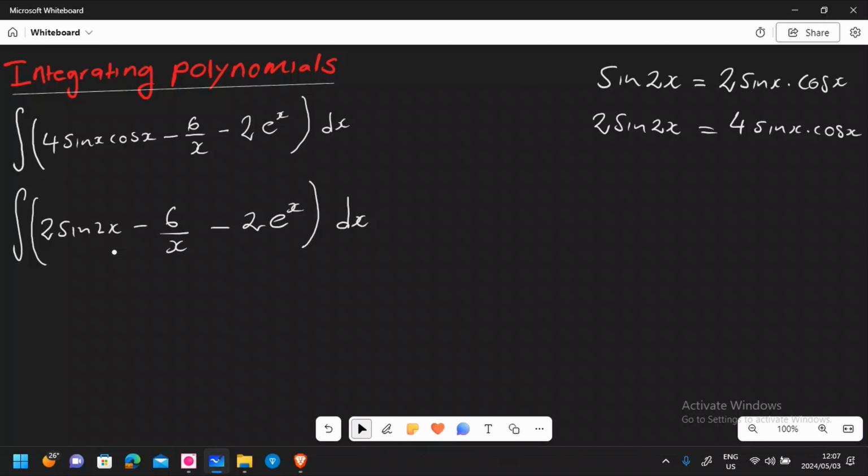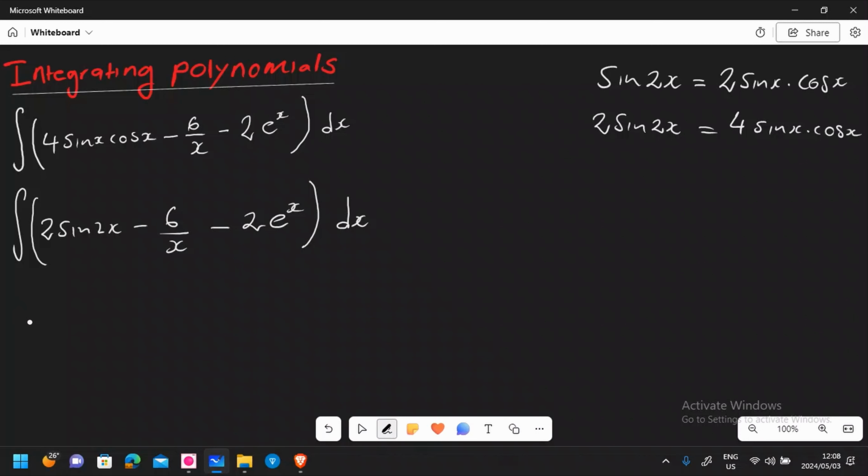Now it's time for us to integrate. When it's like this, it's easy for us to integrate. This polynomial uses different rules to integrate each term. The first term has the trigonometric rule that we're going to use. The second one, we're going to use the natural log rule, and the third one, where x is our exponent, is going to use the exponential rule.